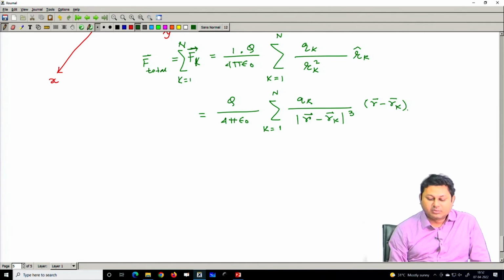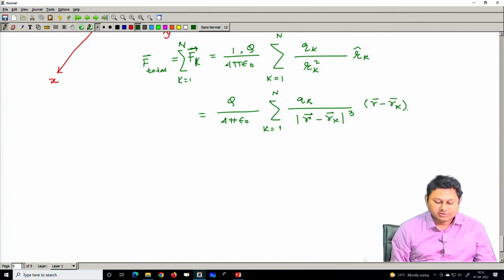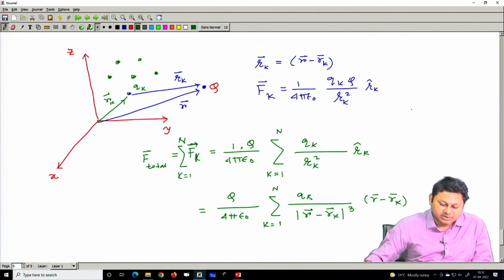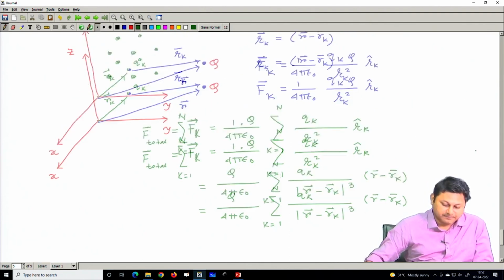Okay. So this is the way you can represent the total force on a test charge q when charge distributions are there.